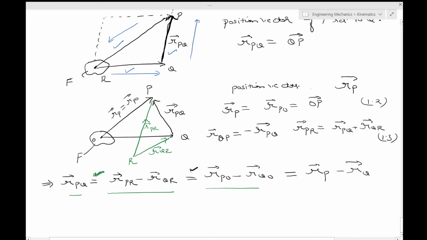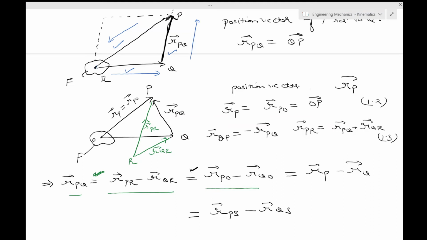So RPQ can be written in terms of both RPR and RQR, and RPO and RQO, and this can be written as RP minus RQ. This can also be written as RPS minus RQS. Why?